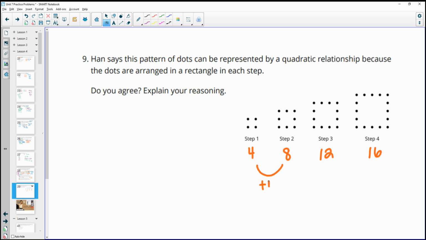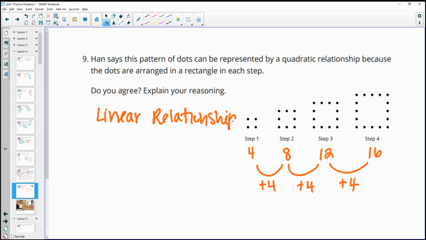So we see that we're actually adding 4 dots each time. And when you add the same number, that means that this is a linear relationship. So it's not going to be quadratic. And again, you can have different explanations. That's just my explanation.